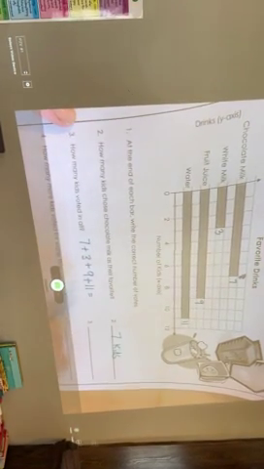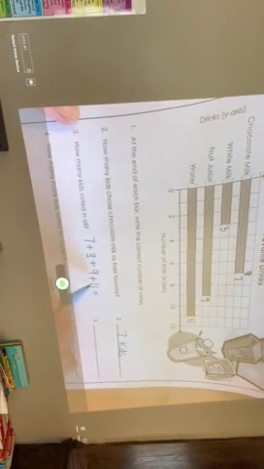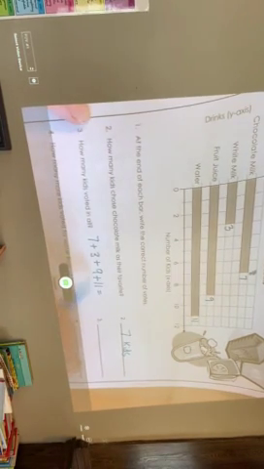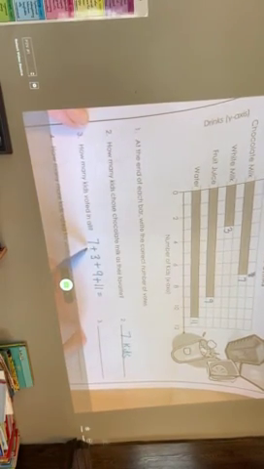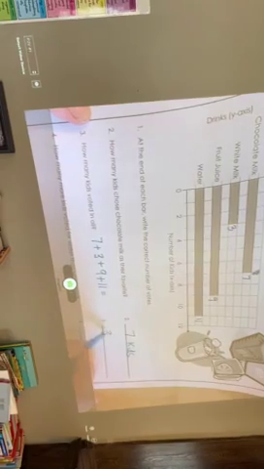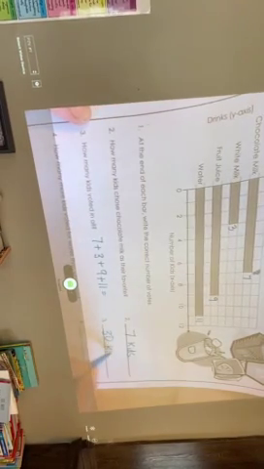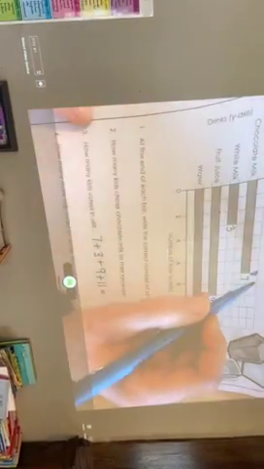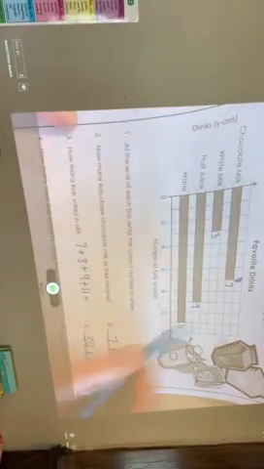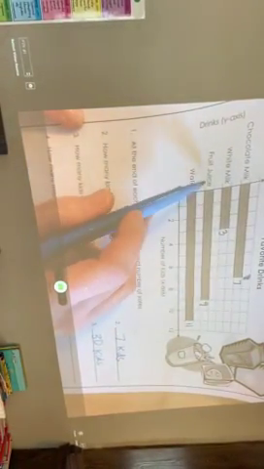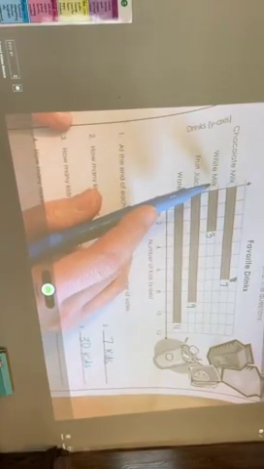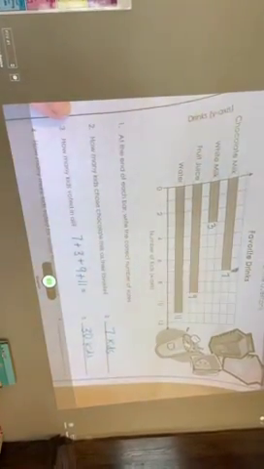So 20 and 10 gives us 30. So I know that we have 30 kids all together. Notice how I go through each amount: the number of kids who voted for water, for fruit juice, for white milk, and for chocolate milk.